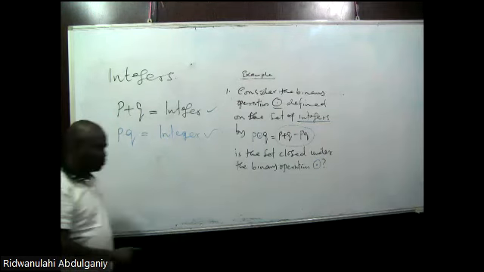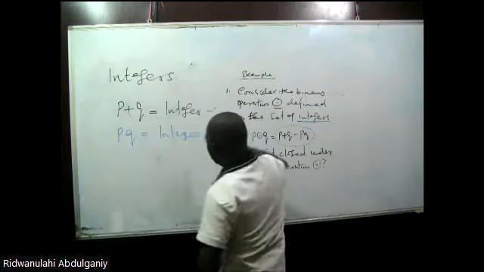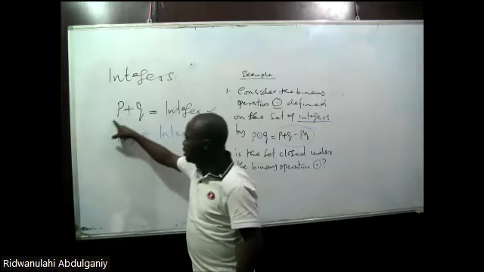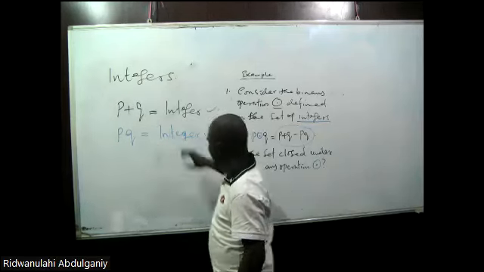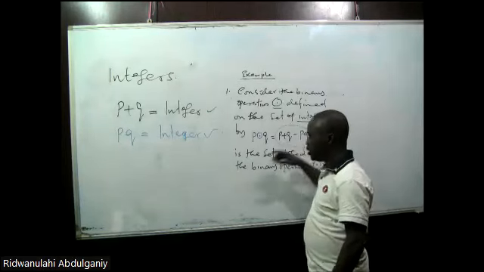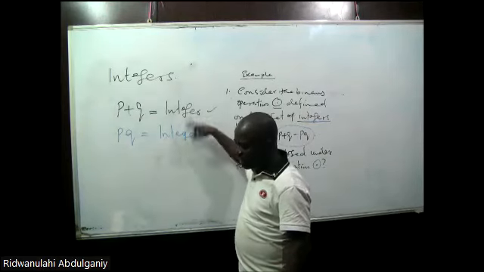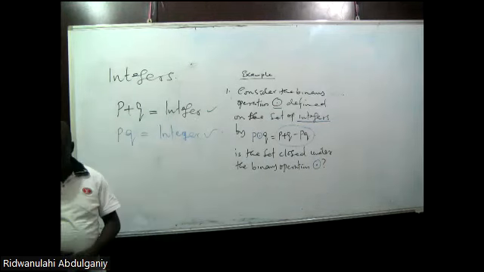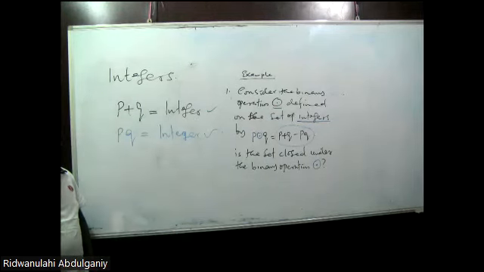Now, finally, this result gives 1 integer, this result gives another integer, and what we have here is subtraction. If I subtract 2 integers, will the result be an integer? Subtraction of 2 integers, does it give an integer?